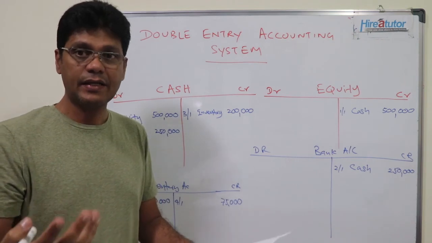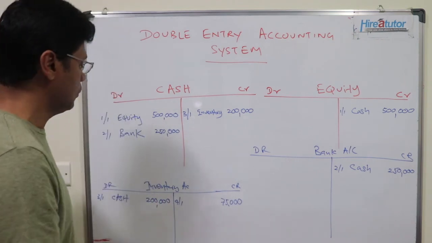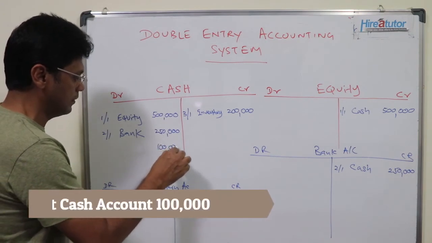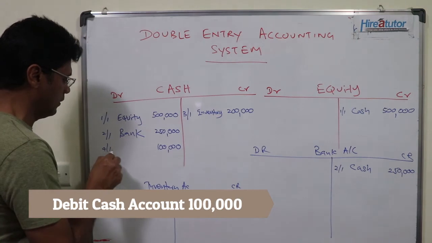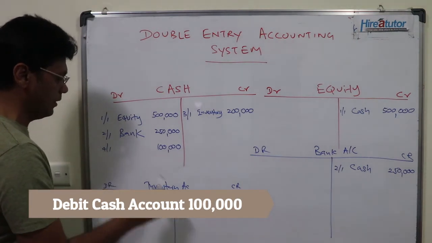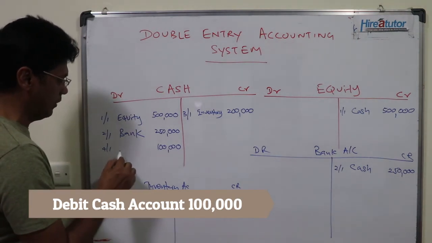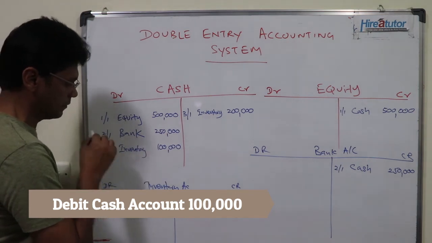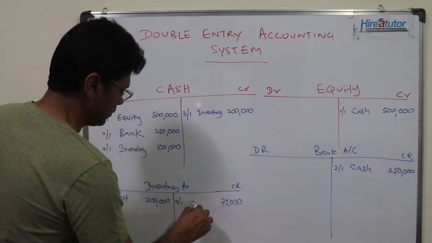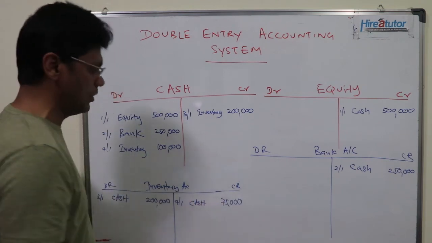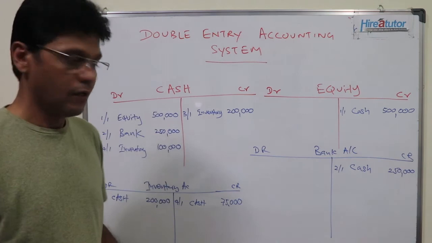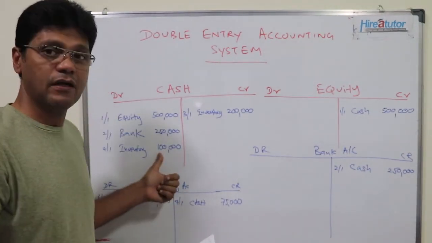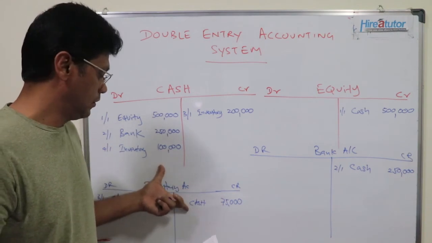It's an asset, increase in asset, 100,000. So 100,000 here, debit, 4th January. Reference account should be inventory, and here cash.